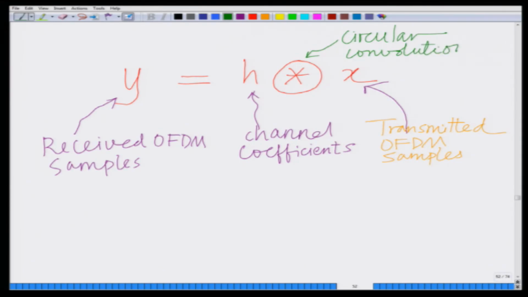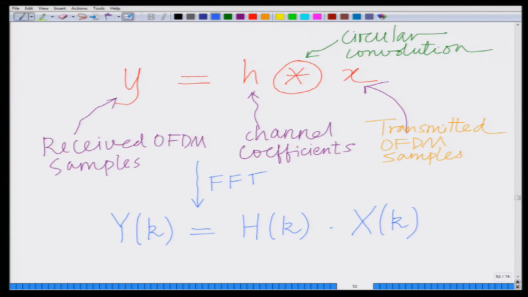And we know from DSP that if y is given as a circular convolution between h and x, then if I take the FFT or the DFT of this, I will have Y of k equals H of k times X of k, because circular convolution in the time domain is equivalent to a product of the DFT coefficients, a product of the FFT coefficients, in the frequency domain.